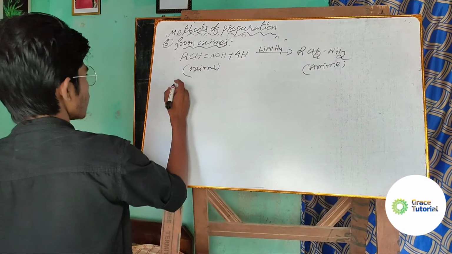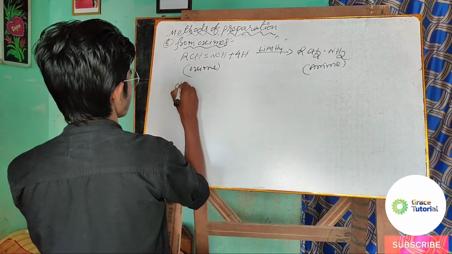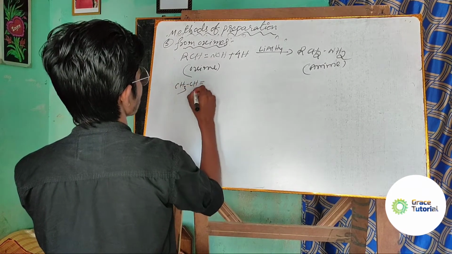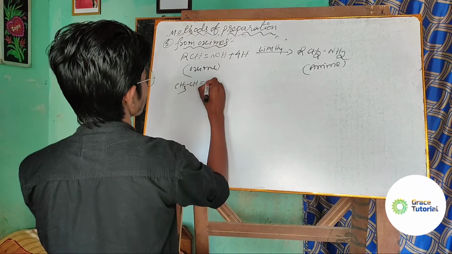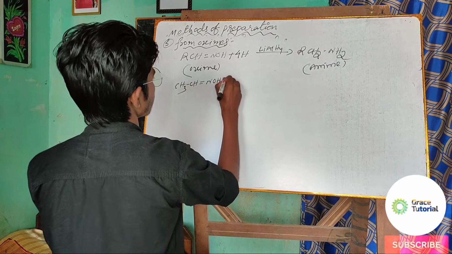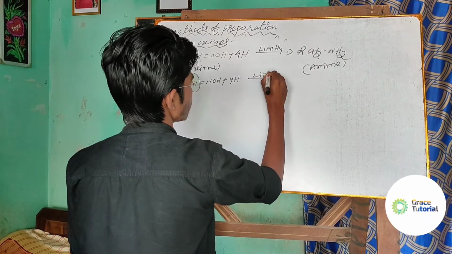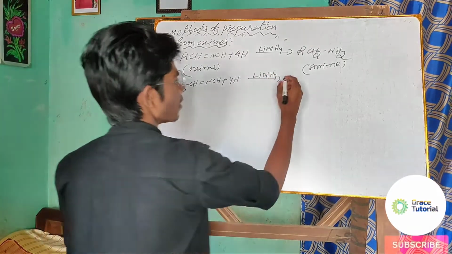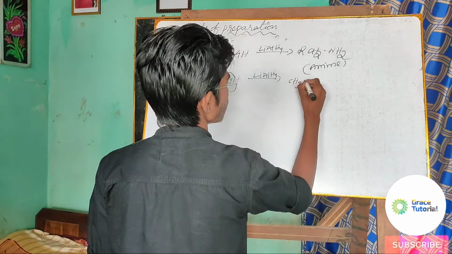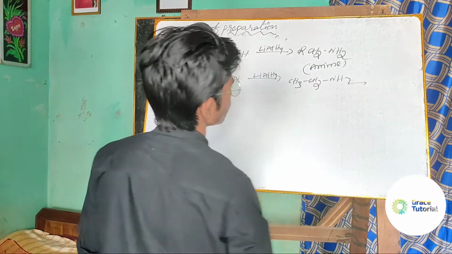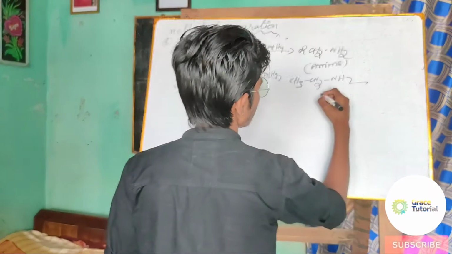So the example is that, plus 4H, when it reacts with lithium aluminum hydride, it gives CH3CH2NH2. This is actually ethylamine.